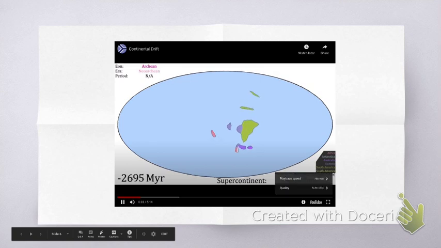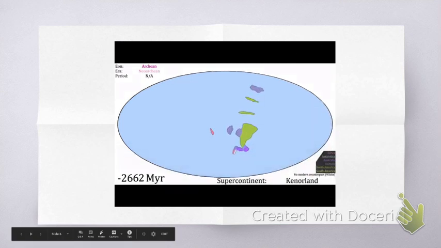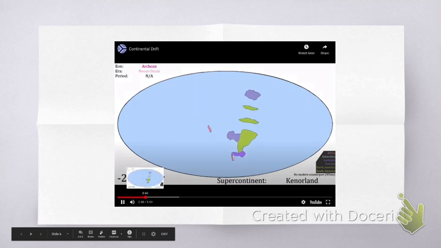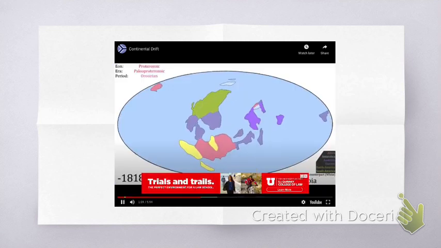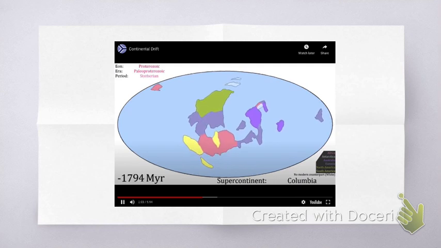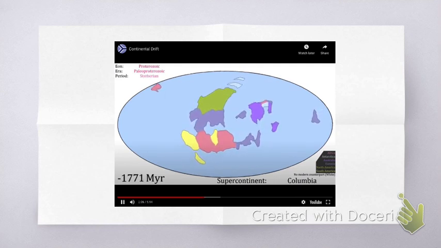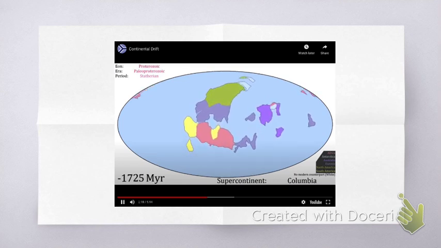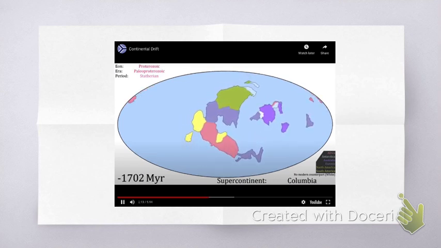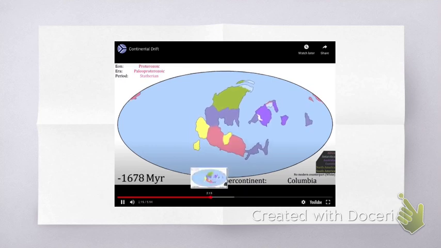I usually try to watch this at twice the speed, but we can just speed it up this way. You can see here, there's a little key over here. In the green, this is actually North America. The purple, that's Australia. So you can see these continents are moving around all over the planet here.